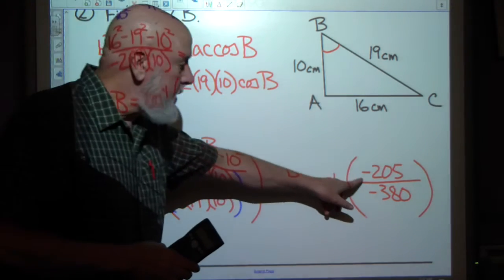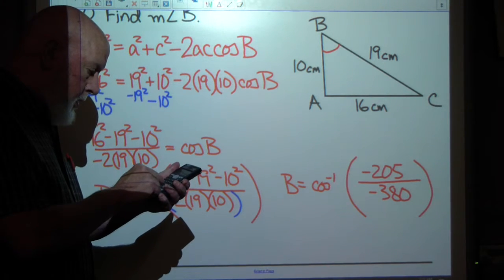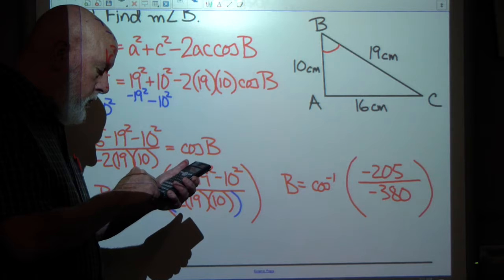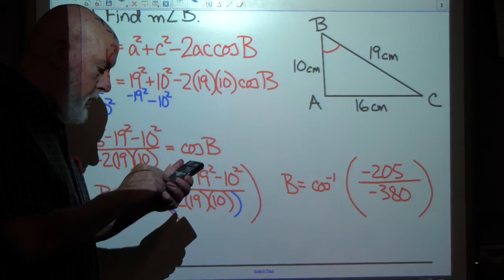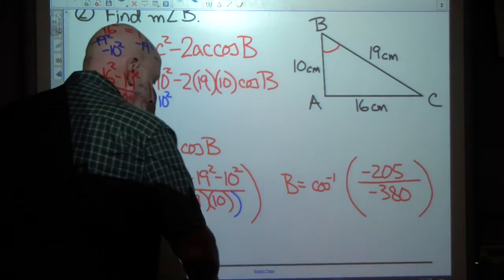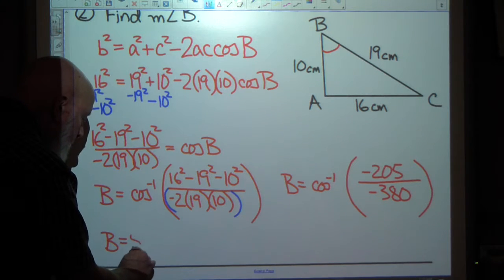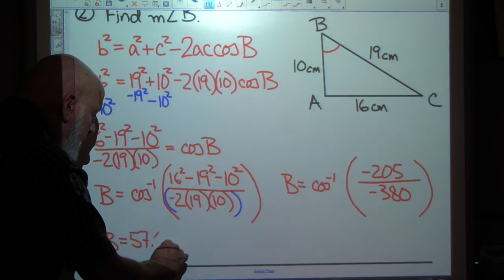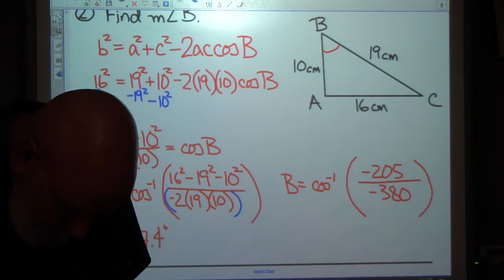Negative over negative is positive, so I'm just going to say the inverse cosine of -205 over 380. 205 divided by 380 equals, I'm going to take the inverse cosine of that, equals, I got 57.4, so the measure of angle B, and that's rounding to the nearest tenth. Now hopefully I got that right. Yay, I did.